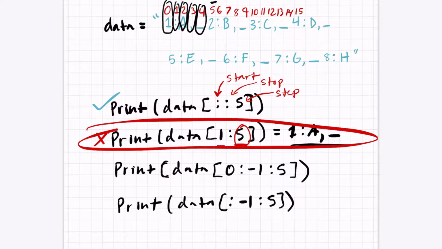So we already know the answer, but let's just go through these. This one's interesting because it goes from 0 to -1, and you're like, okay, what's -1? If you start at the back of the string here, you actually start with -1, and then this would be -2, and then this would be -3. You don't start with 0 because it doesn't make sense to go -0, which is very annoying. So all it's saying is that you're going to go from 0 to -1, and it's still a step of 5, so that works. So that one will do it as well. And then lastly, you're going from a default of wherever the start is to -1.